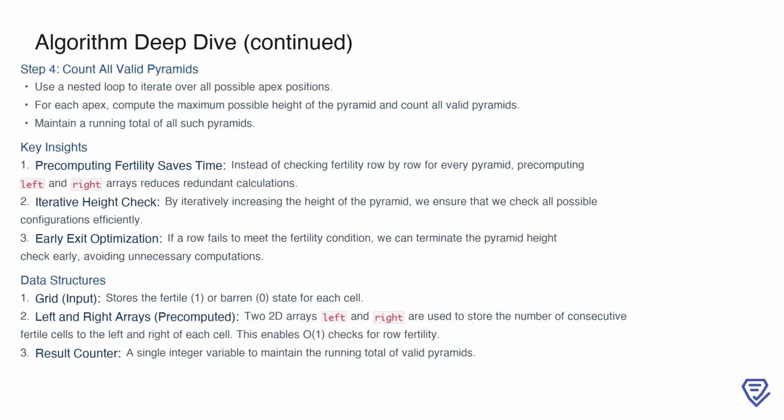If all rows meet the conditions up to the current height, the pyramid is valid, and we increment the count. To optimize further, if any row fails to meet the conditions, we stop checking for greater heights, as larger pyramids will also be invalid. This approach ensures we efficiently count all pyramids while minimizing redundant computations.